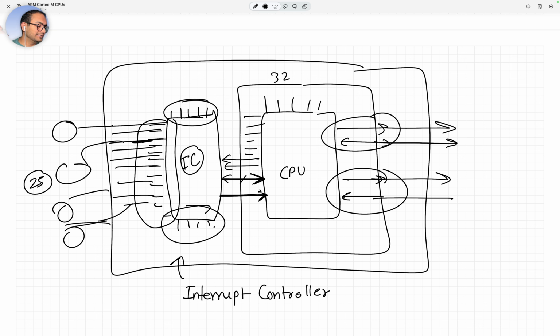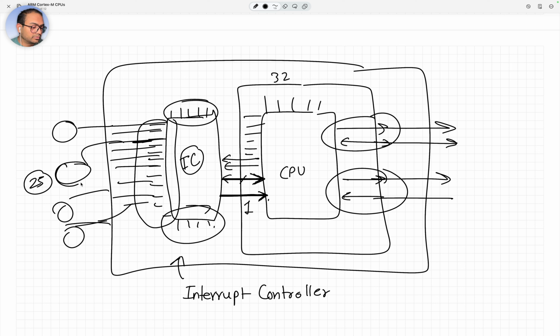The idea then is that the CPU has only one line dedicated to the interrupt, and the interrupt controller gives out many more lines from which it takes the inputs, and it handles the incoming interrupt-related information.